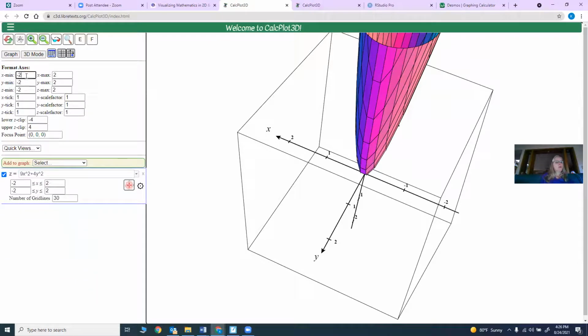We'll do x min is -1, and y min is also -1, and z min is -1. Oh, there we go. I can just change my z max. We'll just change our z max to 1. I don't know why that's not working.